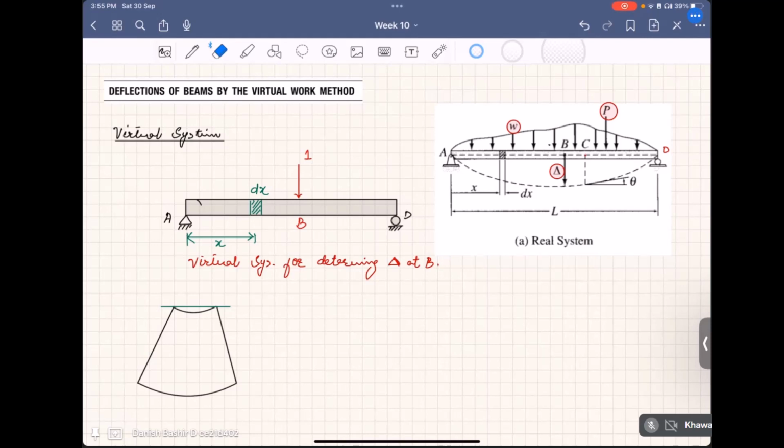Okay, this is our element. It will have a deformation like this. Remember this is a beam element, so you remember from the simple bending theory how the deformation looks.